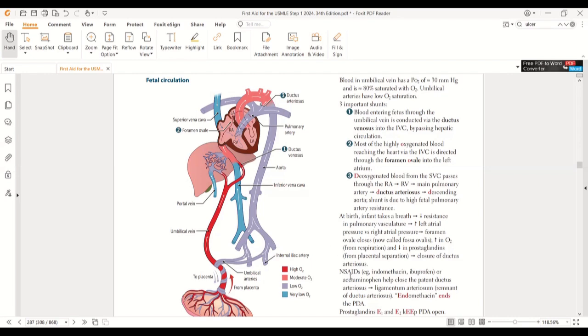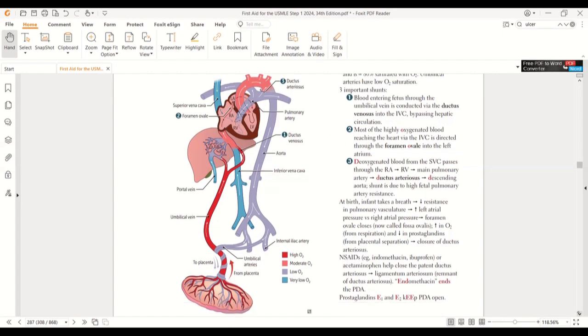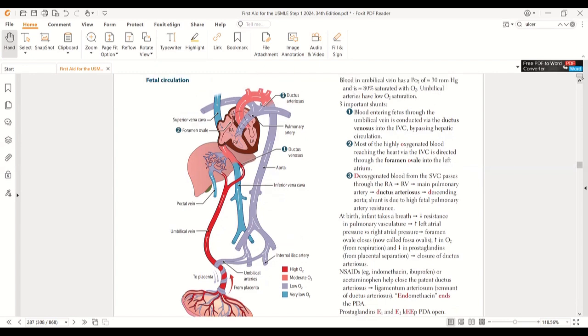I was just trying to grasp the flow, because when blood comes from the superior vena cava, it goes to the right ventricle, and then through the pulmonary artery. One more thing: blood from the vena cava, either inferior or superior, goes into the right atrium, not directly into the ventricle.